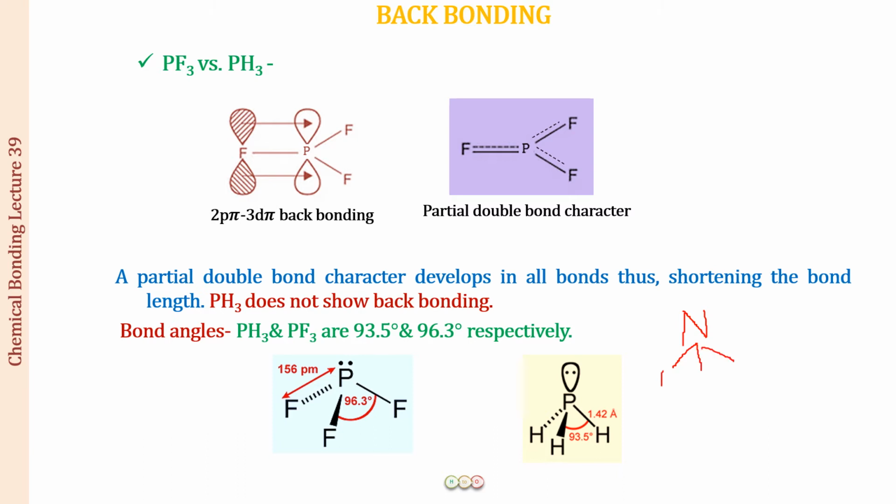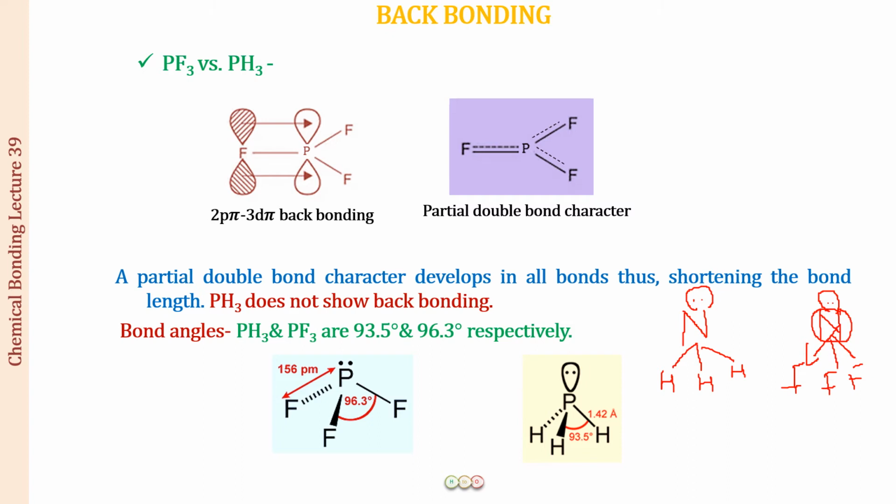Alright. So you have already studied the concept that when we have the central atom to be the same and the surrounding atoms are different, then what is going to be affecting the bond angle? The electronegativity of the surrounding atom. So here in the case of NF3 and NH3, you all know that fluorine is going to be more electronegative than hydrogen, right? And then what is going to happen? Well, fluorine is going to pull the electron pair towards itself. So that is going to result in a decreased electron density on nitrogen.